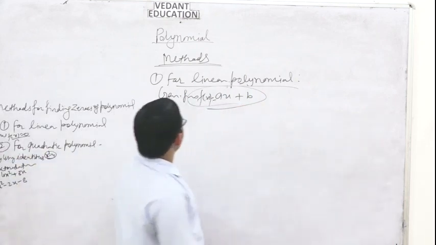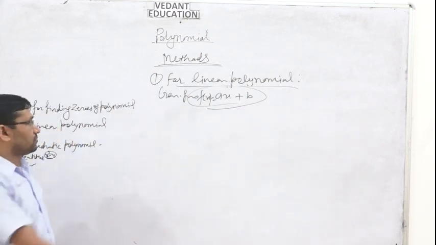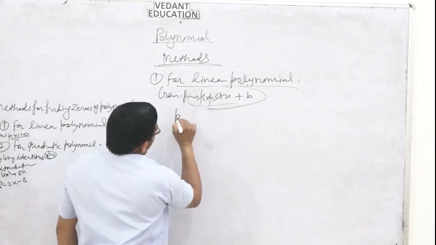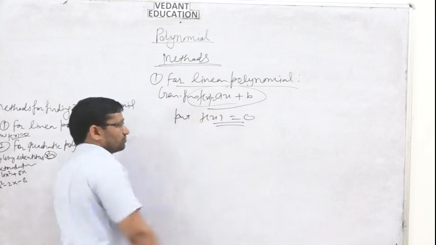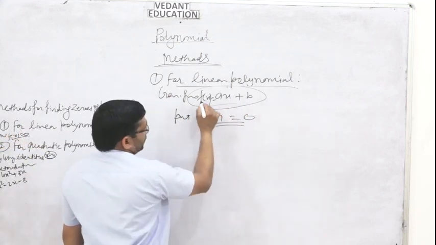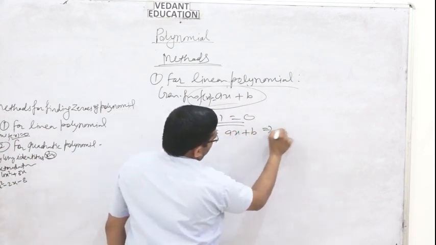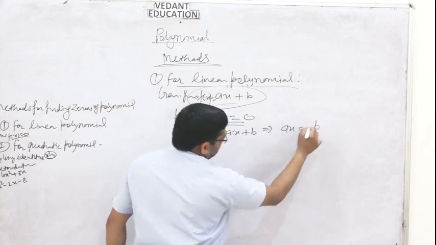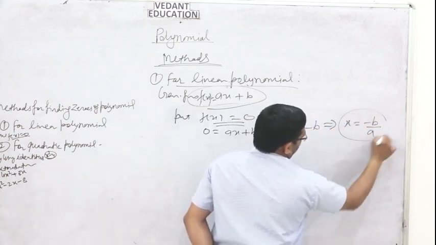So for finding zeros of a linear polynomial, first we put f(x) is equal to 0. Then find the value of the variable. Put f(x) is equal to 0, that is 0 is equal to ax plus b, that is ax is equal to minus b, that is x is equal to minus b upon a.